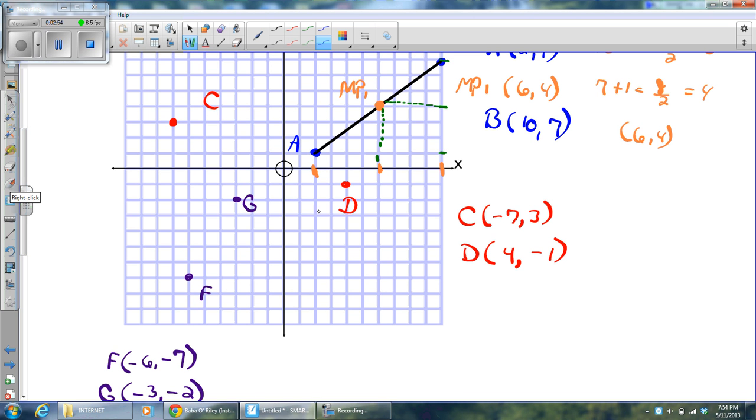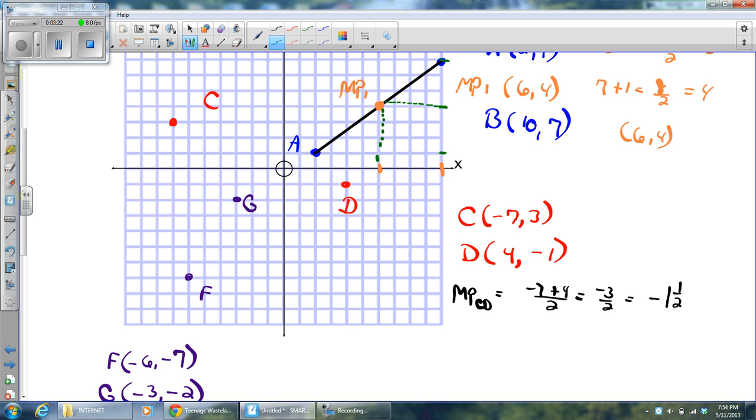All right, let's try it and see how it works. This time I'm looking at segment CD, which you can't see, it's not drawn in, but I'm going to try to find the midpoint of CD. I'm going to average my x's. So I'm going to go negative 7 plus 4 divided by 2, which is negative 3 divided by 2, which is negative 1.5.